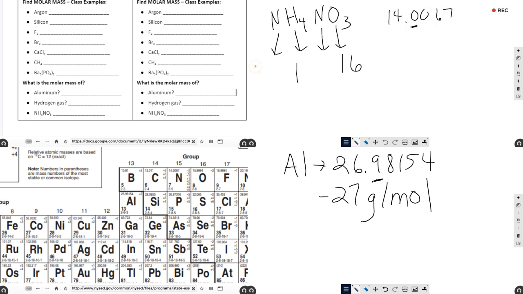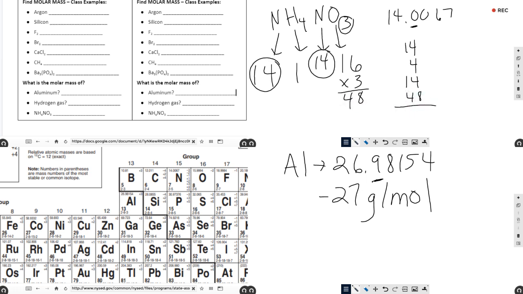Well, that's just going to be 14. So I don't have to write the 0.0 because that's just more writing. I don't need to. So I have 1 of them here, that's 14. I have 4 hydrogens, that's 4. I have 1 nitrogen here, that's 14. And I have 3 oxygens, so I gotta do 16 times 3, that's 48.